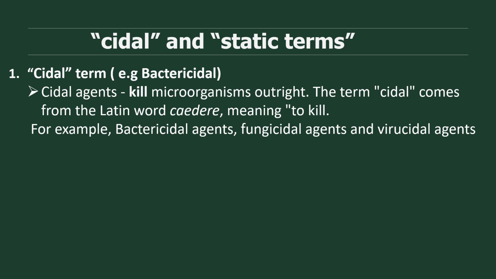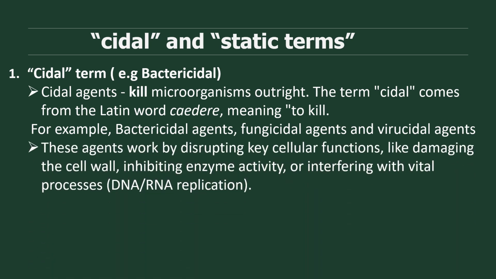Fungicidal agents kill fungi. Virucidal agents kill viruses. These agents work by disrupting key cellular functions, and these include damaging the cell wall, inhibiting enzyme activity, or interfering with vital processes, for example DNA and RNA replication.